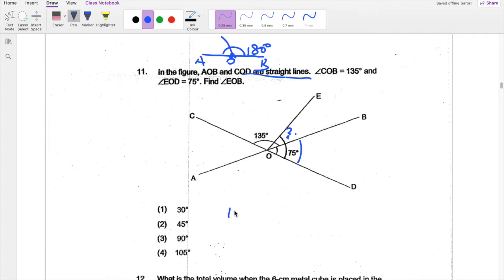So if we use 135 plus 75, it would be this part plus this part, which includes the whole 180. If we use the sum of these two minus 180, there will be just this overlap part. So 210 minus 180 equals 30.